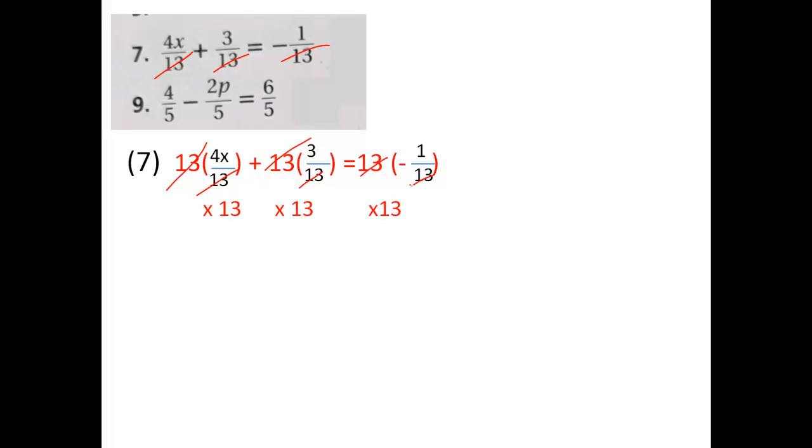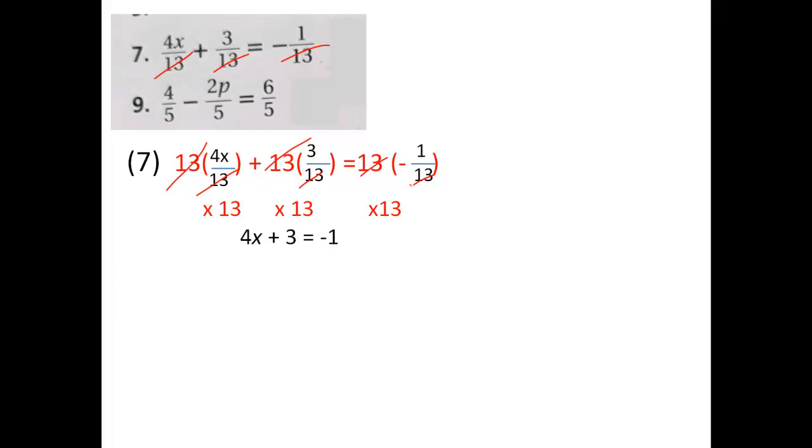So we will have 4x plus 3 equals negative 1. Now it came out as a normal equation as we solved before, okay?